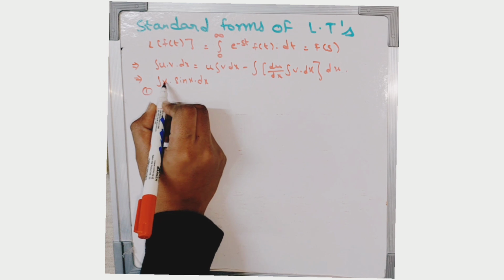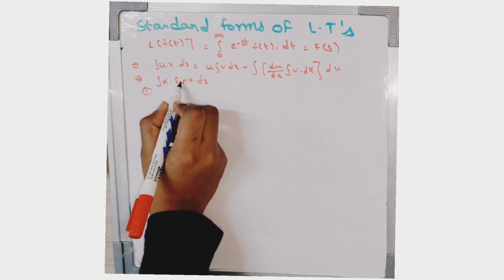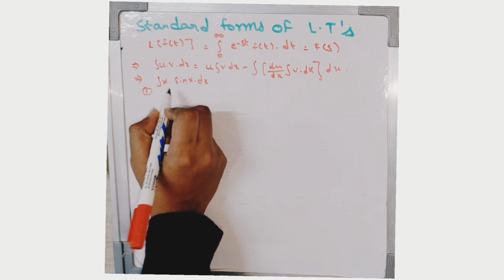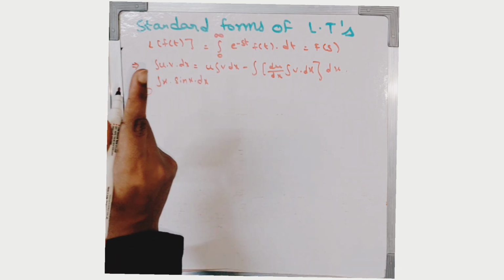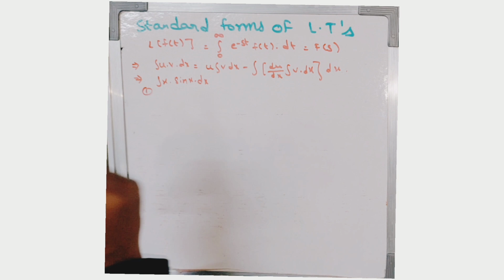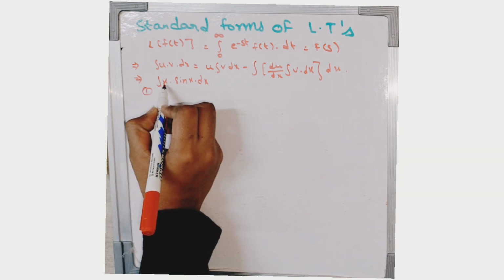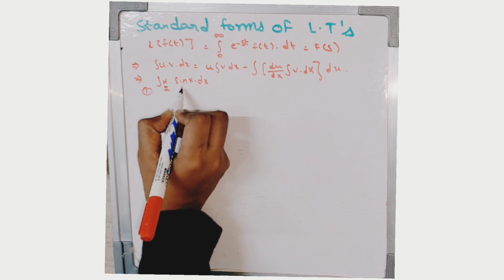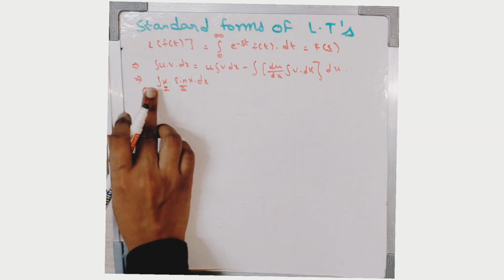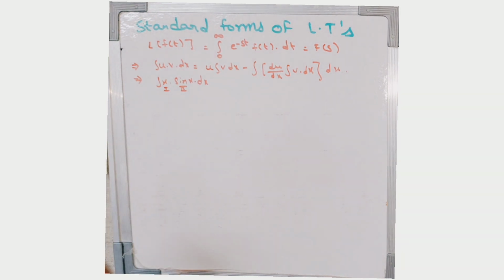Here x and sin x are the two terms. x becomes constant easily, so select this as term 1 and sin x as term 2. That is the first step.